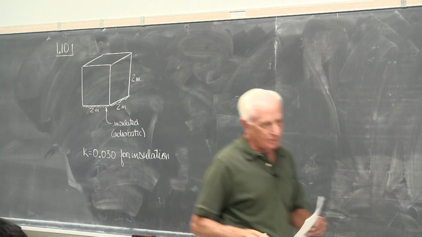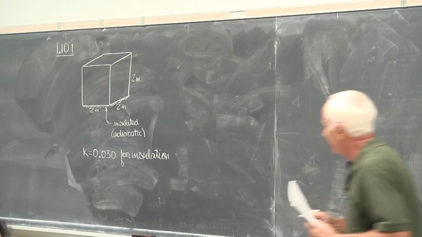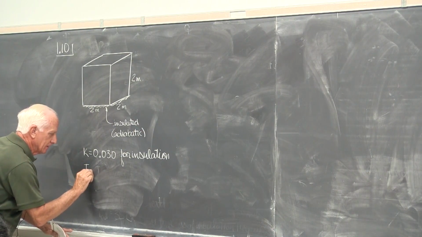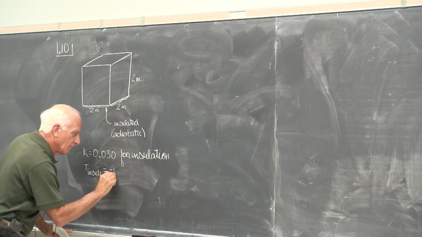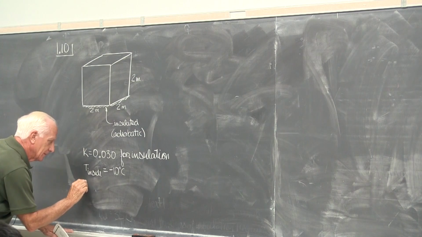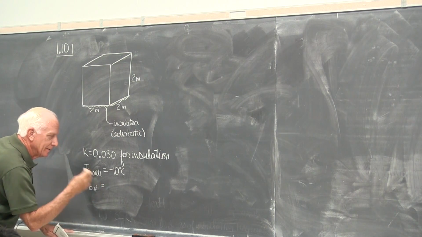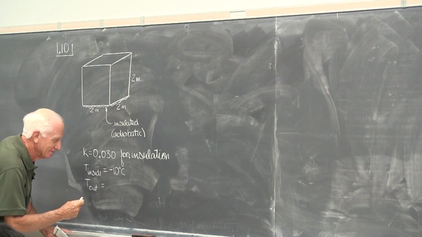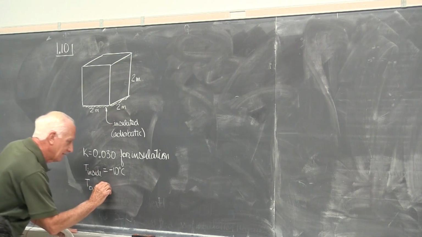And he tells us also that the inner surface and outer surface are minus 10 and 35 degrees C. T inside the freezer, you want it to be cold, minus 10 degrees C. The outside is wherever you're at with this freezer, in your garage, in your house, somewhere else. That temperature is 35 degrees C.